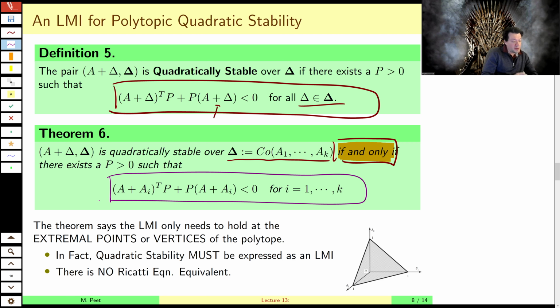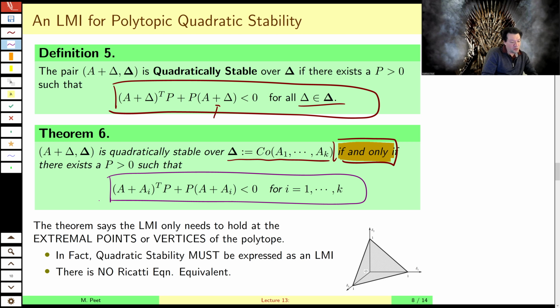Note that there is, of course, no equivalent, as I mentioned at the end of the previous part, there's no equivalent conditions which don't involve LMIs. This is not unlike optimal control, where many of the results can be expressed using systems theory without LMIs.